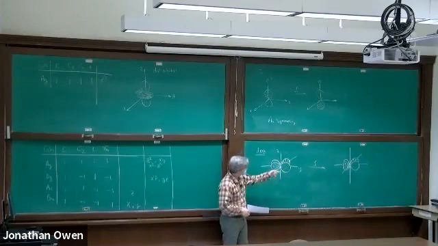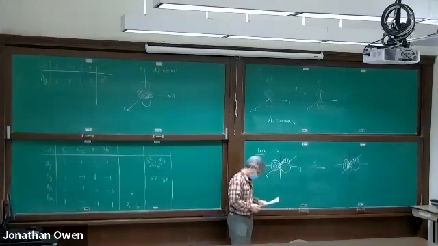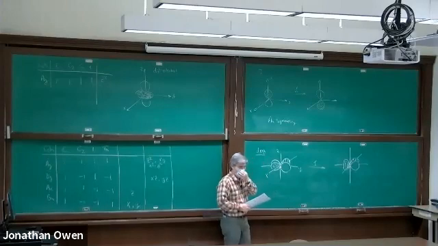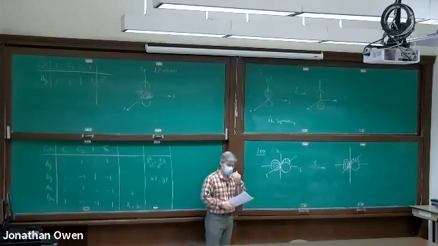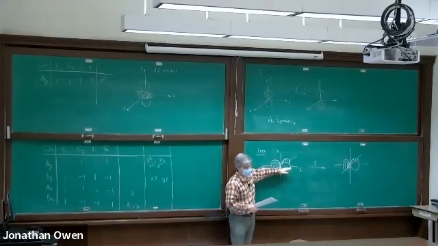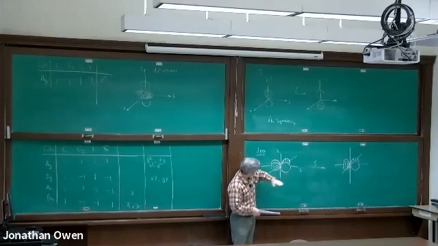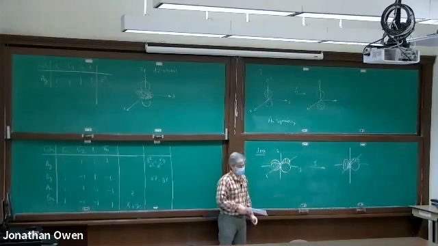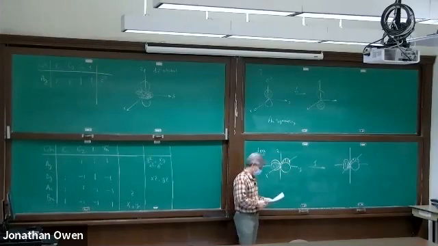The inversion does nothing. How about sigma h? Nothing. Slice this in half, right? This is in the xy plane. So slice it in half, like a bagel or something like that, and the top half and the bottom half are identical. Sigma h does nothing.